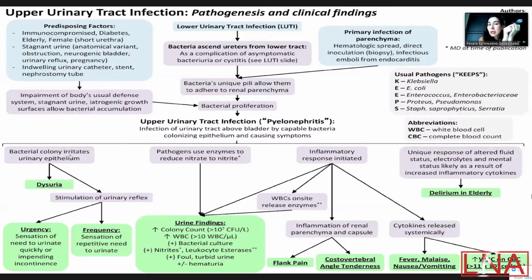An inflammatory response is initiated, leading to white blood cells releasing enzymes, which lead to urine findings. The inflammatory response also leads to inflammation of the renal parenchyma and capsule, causing clinical symptoms like flank pain and costovertebral angle tenderness, and to cytokines released with systemic effects, such as fever, malaise, nausea, and vomiting, which are general signs of inflammation.